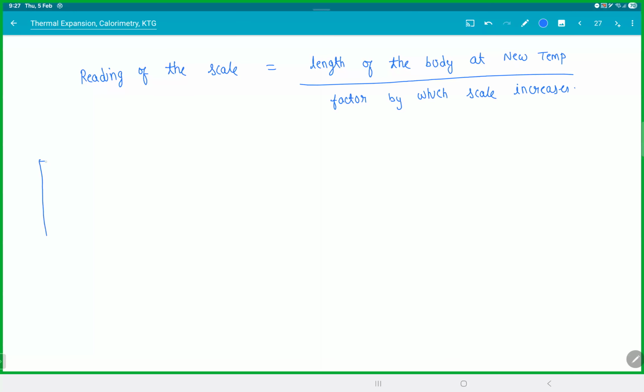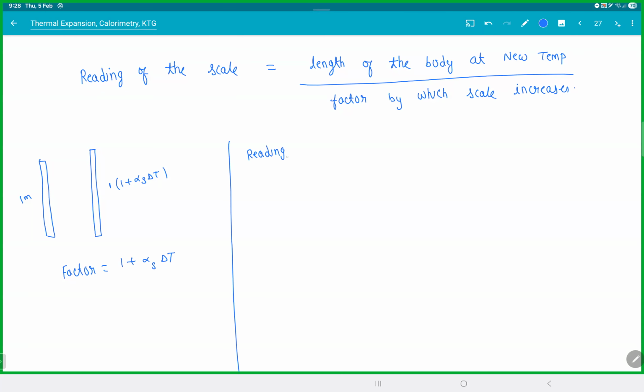So your steel scale, which was supposed to be 1 meter, now became 1 into (1 plus alpha steel delta T). So the factor here is 1 plus alpha steel delta T. It increased by this factor. So what is the reading of the wood? If you use this scale to measure that wooden stick, wood will not expand, so it will still remain 1 meter. And the factor is 1 plus alpha steel delta T.